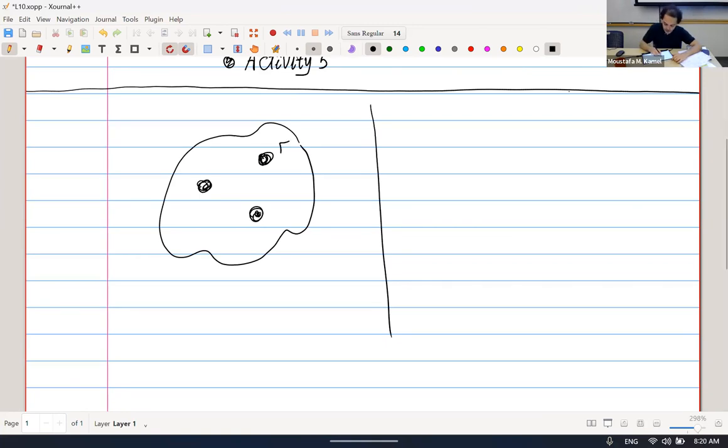Let's say the first object has total energy E1, the second object has total energy E2, and this object has energy E3. Then the total energy of the system is the sum of all energies. It was, of course, kinetic energy, potential energy, thermal energy, and so on. But I'm using this notation just to have an analogy with momentum now.